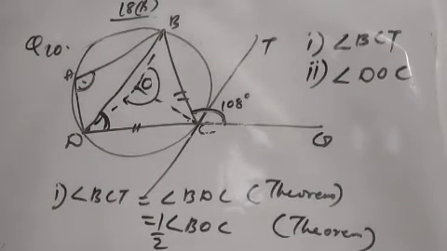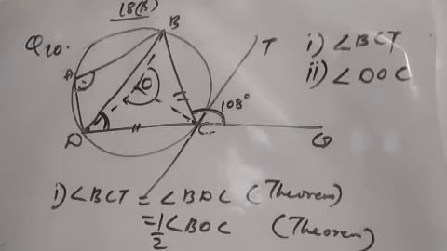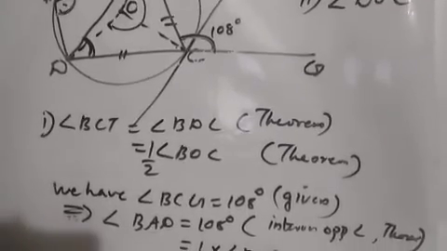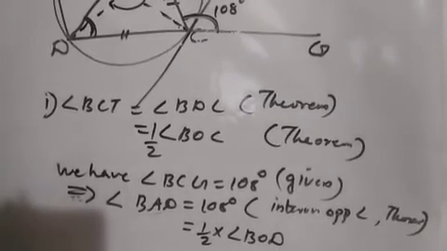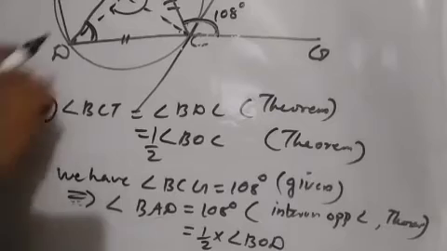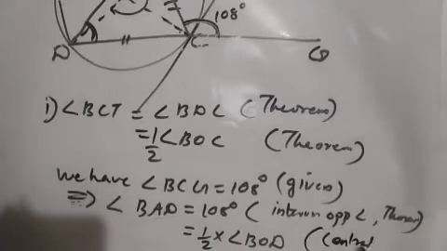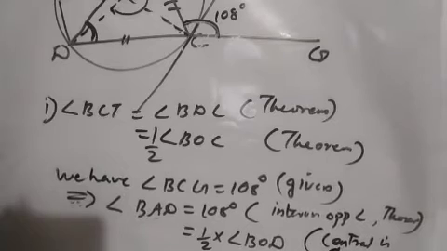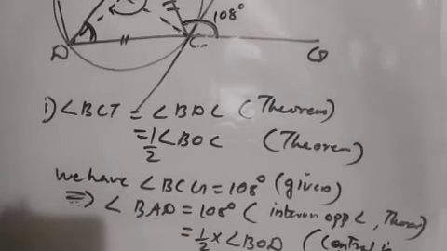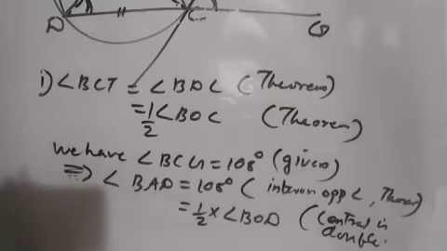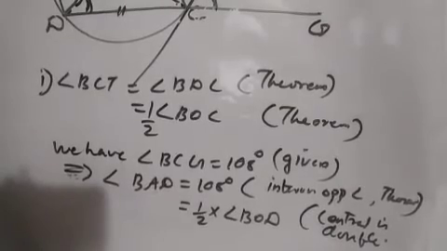So we can write angle BAD is half of angle BOD. That is, the central angle is double that of the angle in the remaining part of the circumference. State the theorem. Okay.